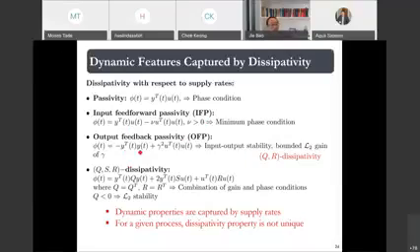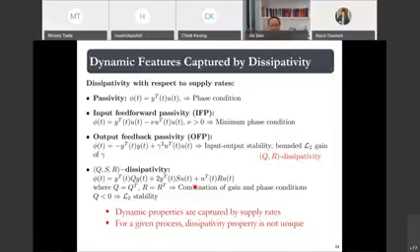Output feedback passivity, you have y transpose y and u transpose u. And obviously, they're all about quadratic functions of the input and output. So we can have the QSR dissipativity, which is basically a quadratic function of the input and output. So that's more generalized than the first three different supply rate conditions. It's somewhere in between.